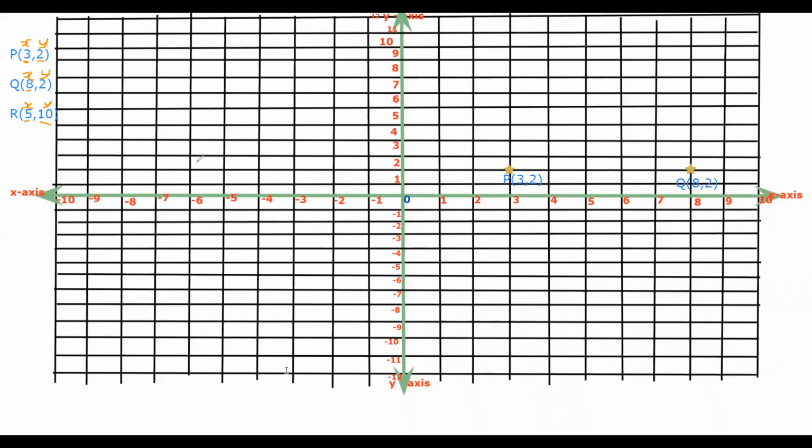Okay, good. Now let me stick it well. So here will be the intersection between the 5 and the 10. So you write the coordinate name here, and that will be point R, formed by 5 and 10.